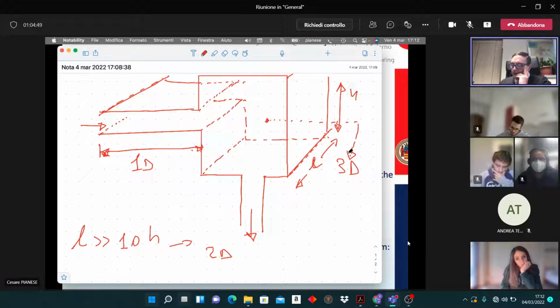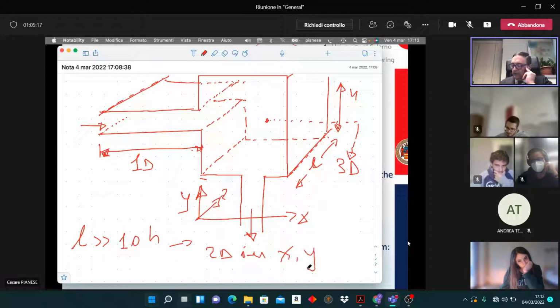If L is 10 times H, for sure you have a flow that could be 2D, in the direction, let's say X, Y, or Z, 2D in the X, Y plane.